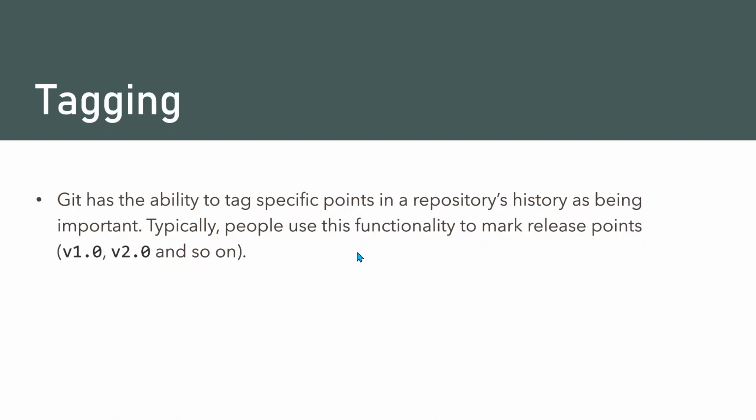For example, say you are doing multiple releases. In those situations, you can mark your first code as version 1. Then you make a few increments or some code fixes and release version 2. Then you can mark that particular code as the version 2 tag.